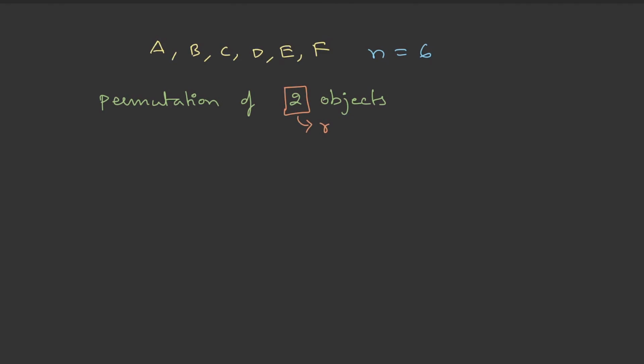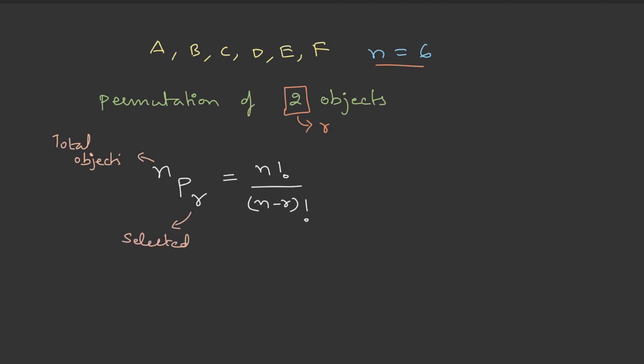So when we have n objects and out of that we select r, the permutation will be nPr, which is n factorial by n minus r factorial, where n is the total objects and r is the selected objects.